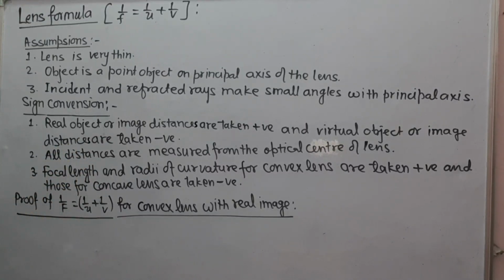Second, all distances are measured from the optical center of lens. Third, focal length and radii of curvature for convex lens are taken positive, and those for concave lens are taken negative. Now we prove this formula for convex lens with the real image.